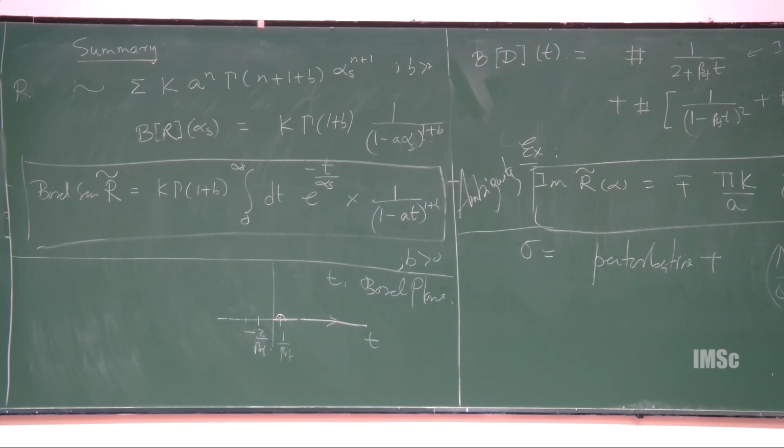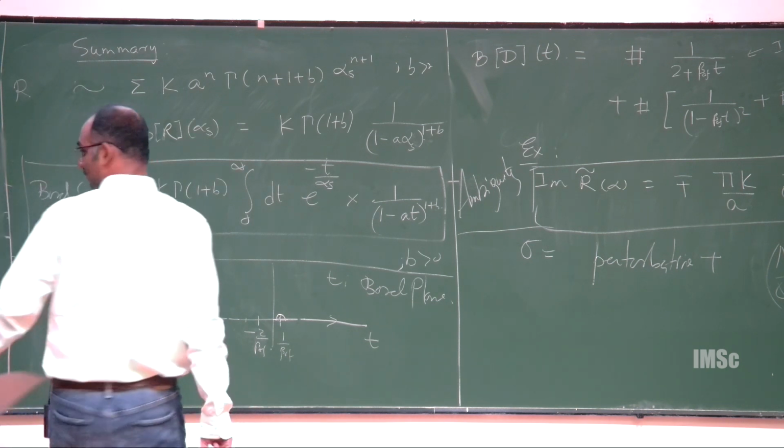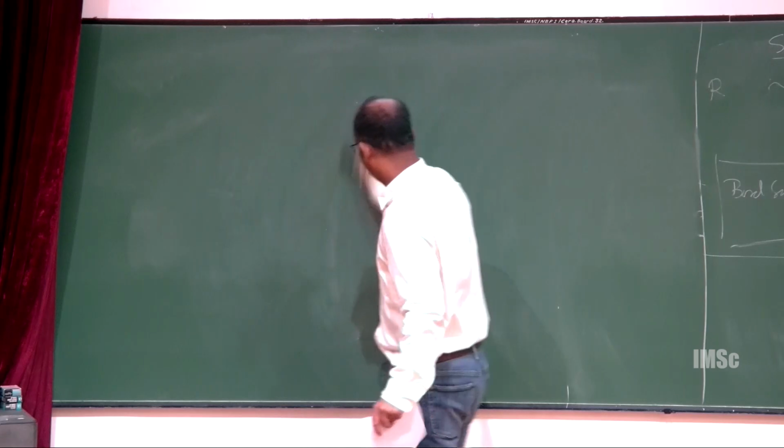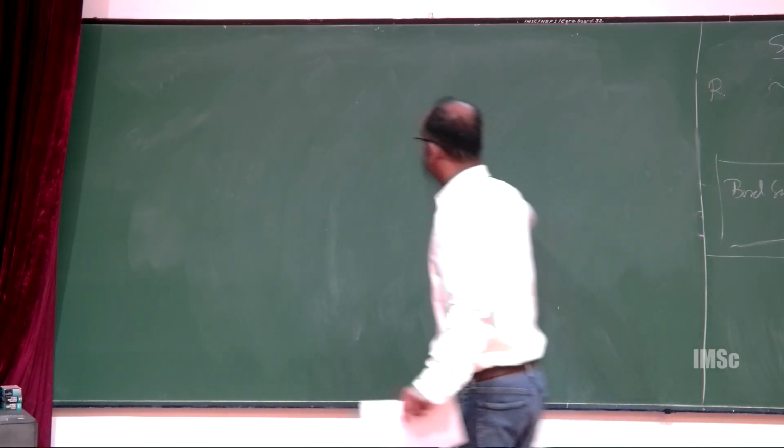Okay, let's look at the ambiguity. If there was no pole on the real axis, I would have summed it up, but that's not the case, so I cannot sum it up.